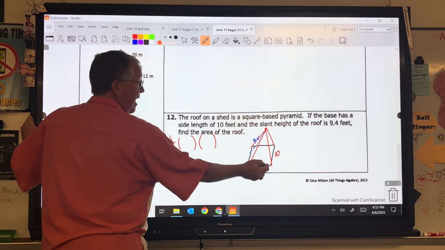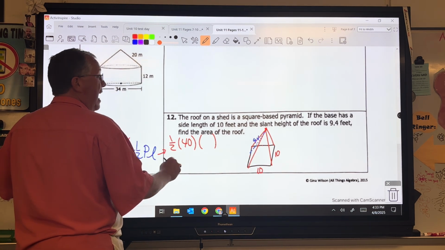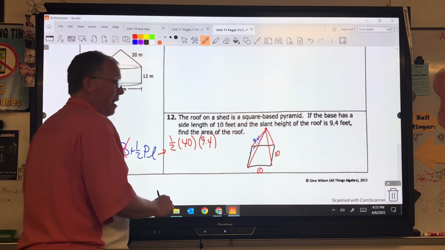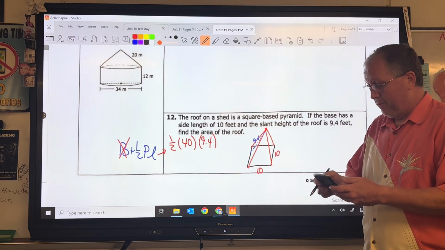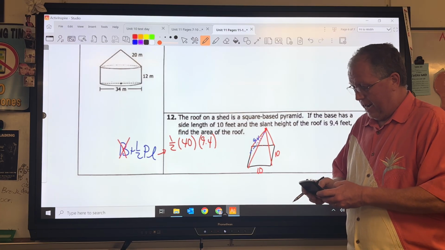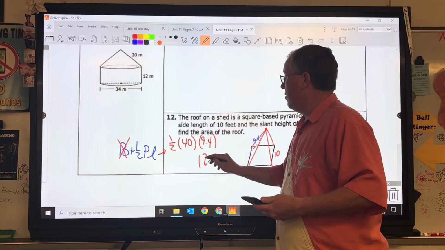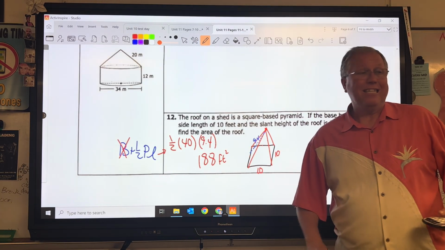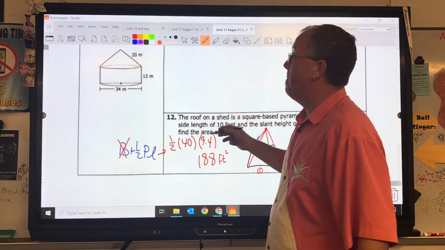The perimeter is 10 plus 10 plus 10 plus 10, so that's 40, and the slant height they gave us is 9.4. So I take 1/2 times 40 times 9.4, and that gives me a grand total of 188 square feet. That is the area of my roof.